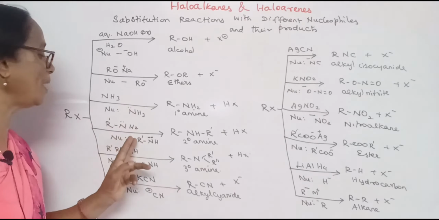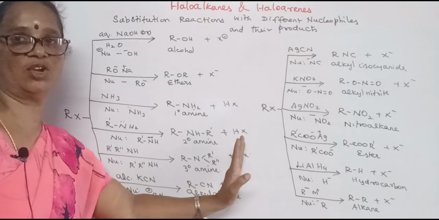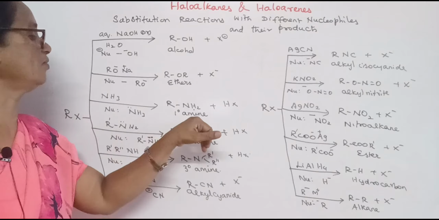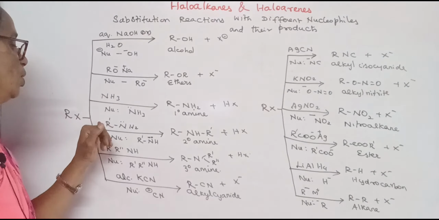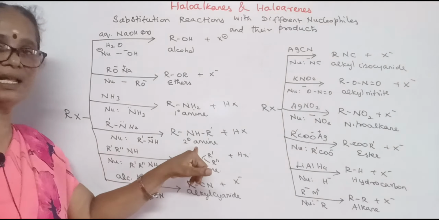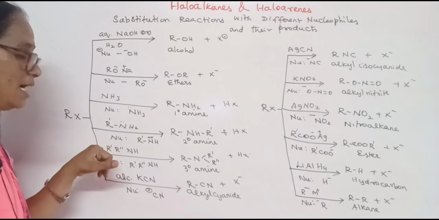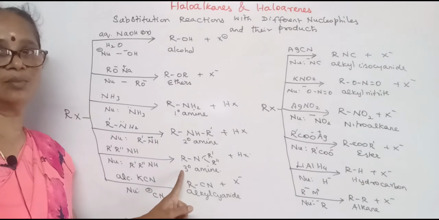So these lone pair electrons can be given to the alkyl group to make their respective product. If ammonia is the nucleophile, the product will be primary amine. If primary amine is taken as the nucleophile, we get the secondary amine as the product. Or if the secondary amine is taken as the nucleophile, then the product will be tertiary amine.